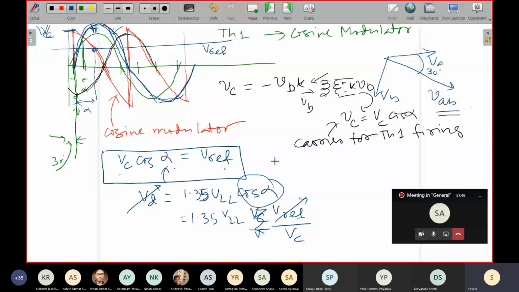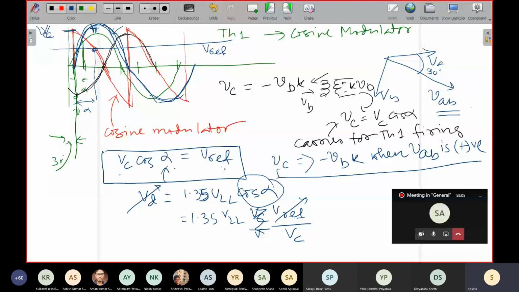So our carrier VC, I am writing qualitatively, is minus VB into K when VAB is positive. This will be our carrier waveform. This is the VC for TH1.